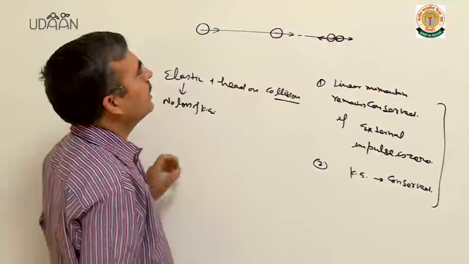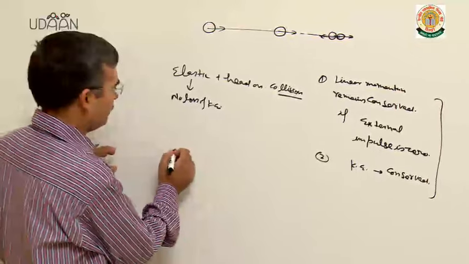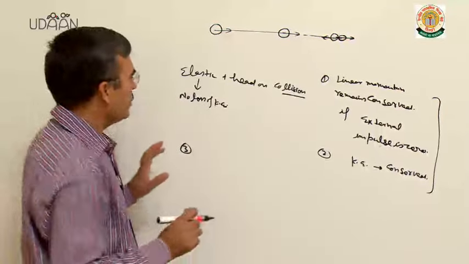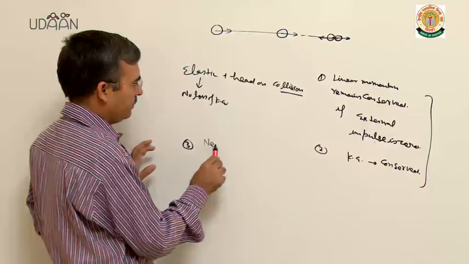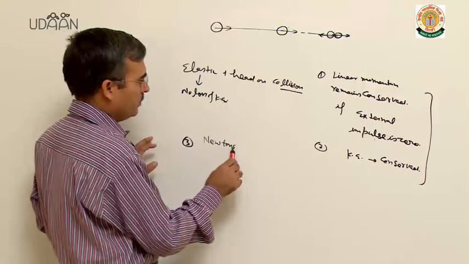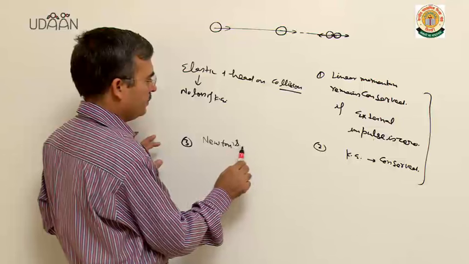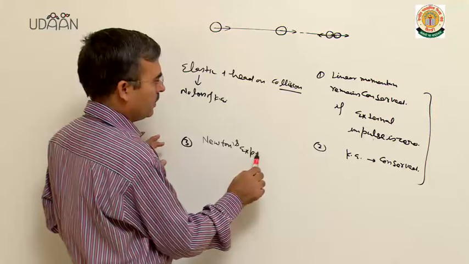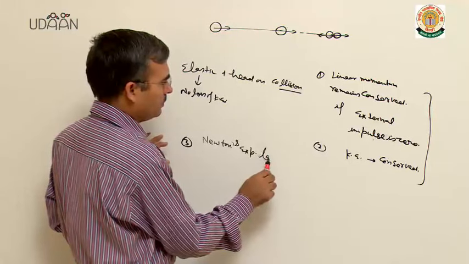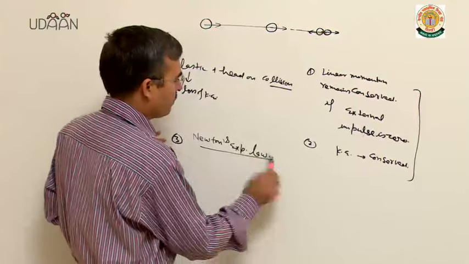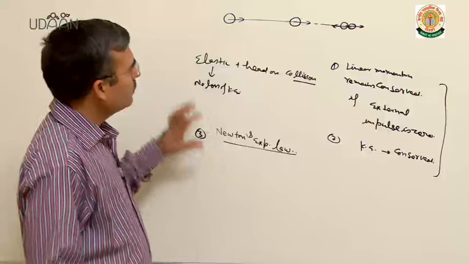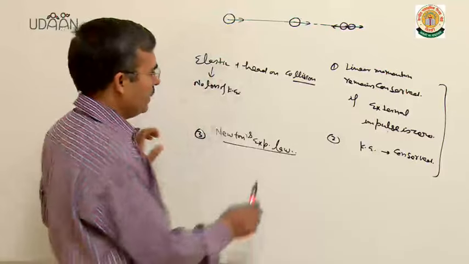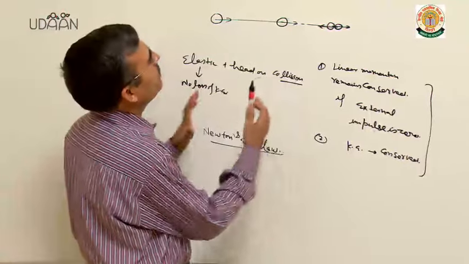Third very important point, that is Newton's experimental law. What is this law? It is velocity of approach of the bodies.